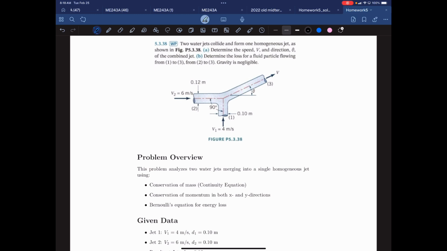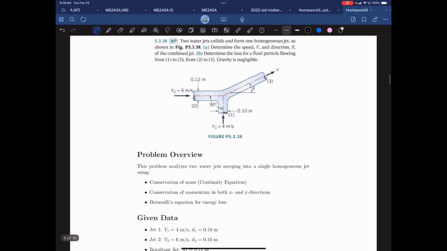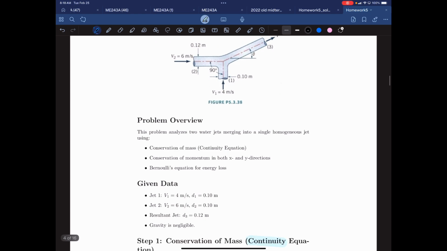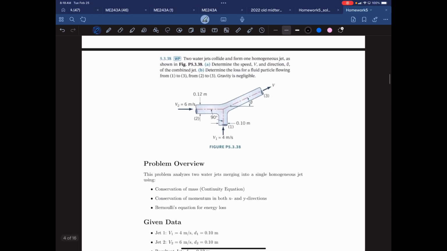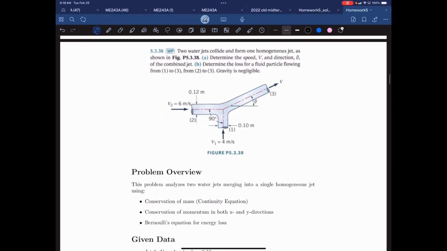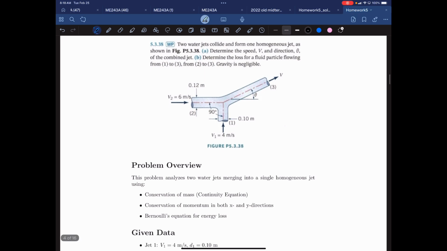Okay, so this is just to prep for the homework. So just to review, we had this very similar problem to homework problem 1, and the two water jets collide, form one homogeneous jet, and we have to determine the speed and direction of the combined jet, and then we have to determine the loss for a fluid particle flowing from 1 to 3, from 2 to 3, and gravity is negligible.